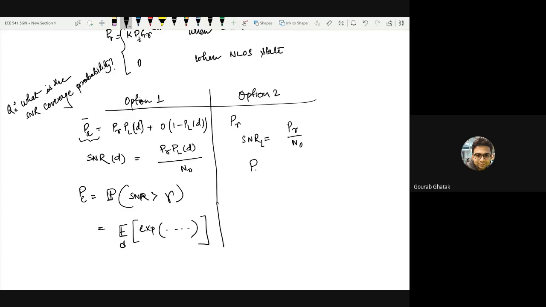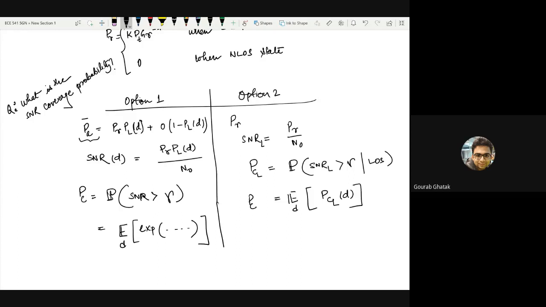So I will calculate P_CL, which is the probability that my SNR, given that I am in line of sight, is greater than gamma, given LOS. I'll calculate this coverage probability for that distance D and average it out over this value of D. We'll call it P_CL or P_CL of D.